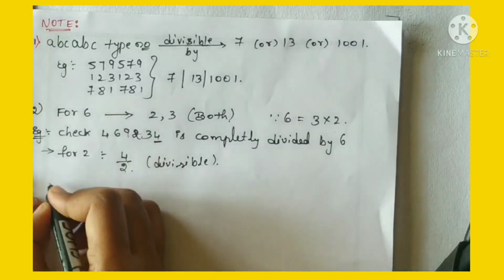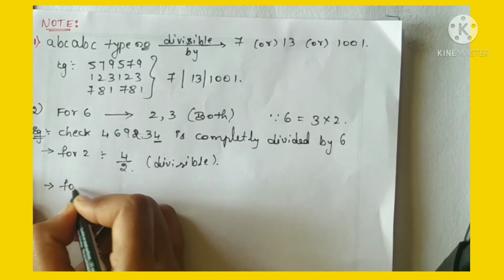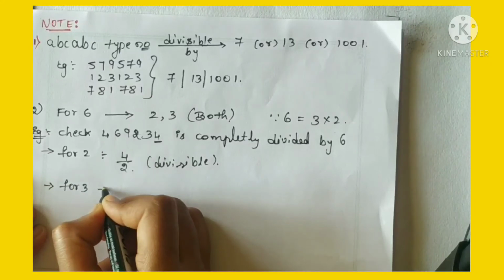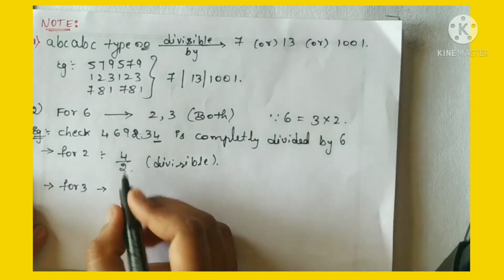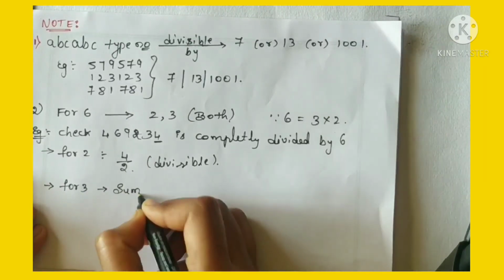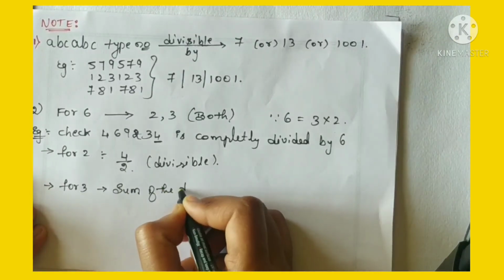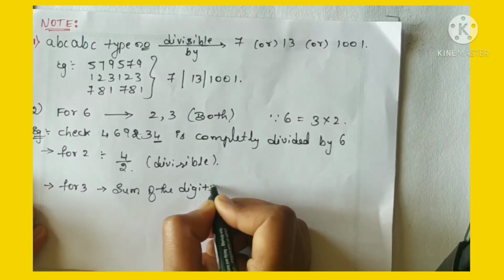Next, we check for 3. The divisibility rule of 3 says to take the sum of the digits divided by 3.